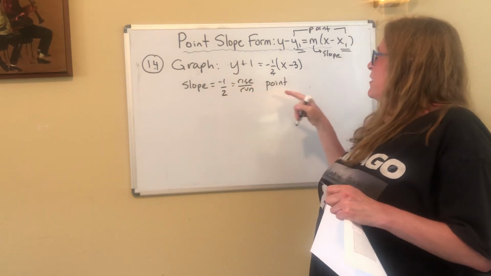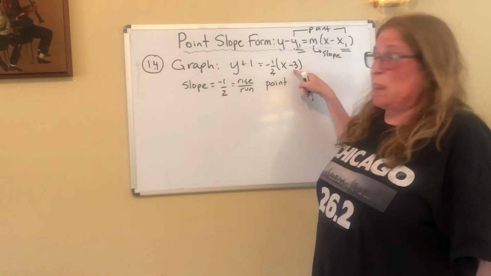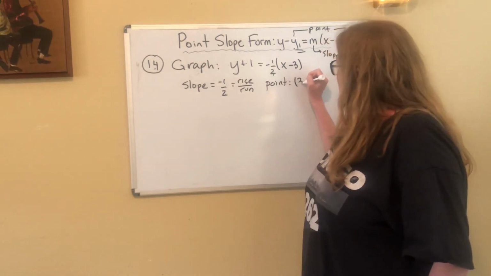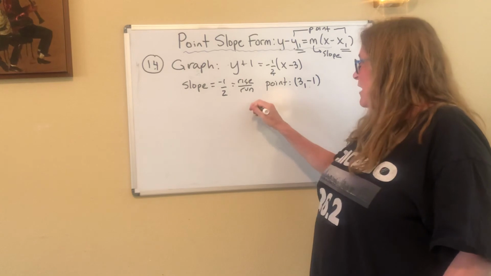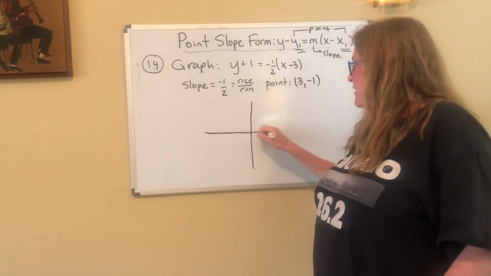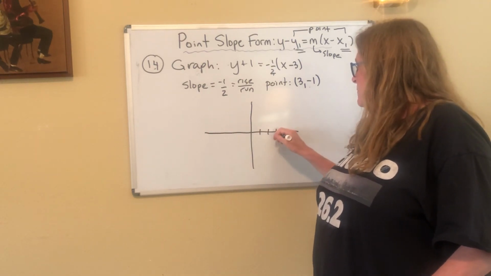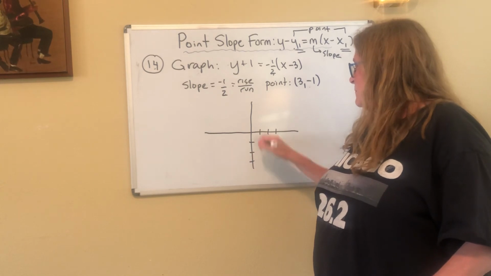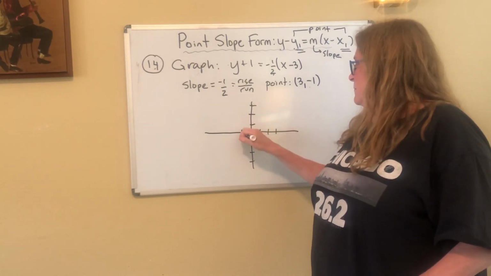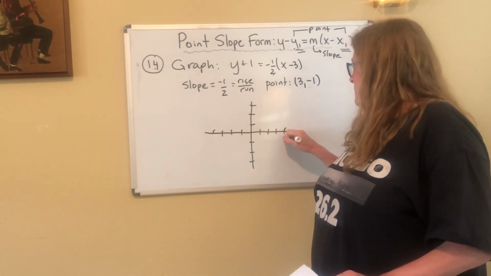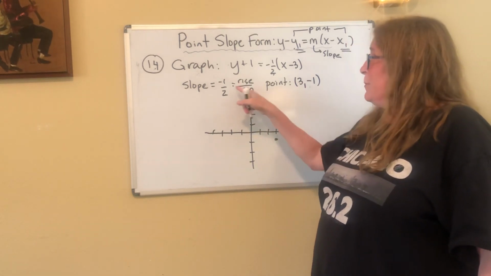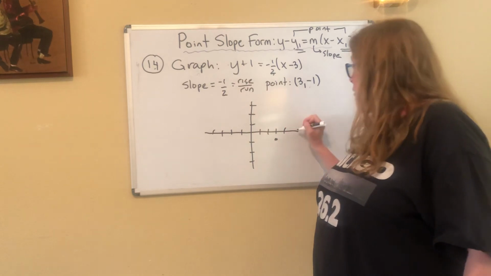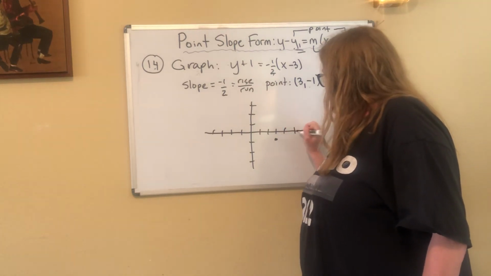And the point on the graph is going to be +3, -1. So let's graph our point, +3, -1. And then our slope is -1 over +2.